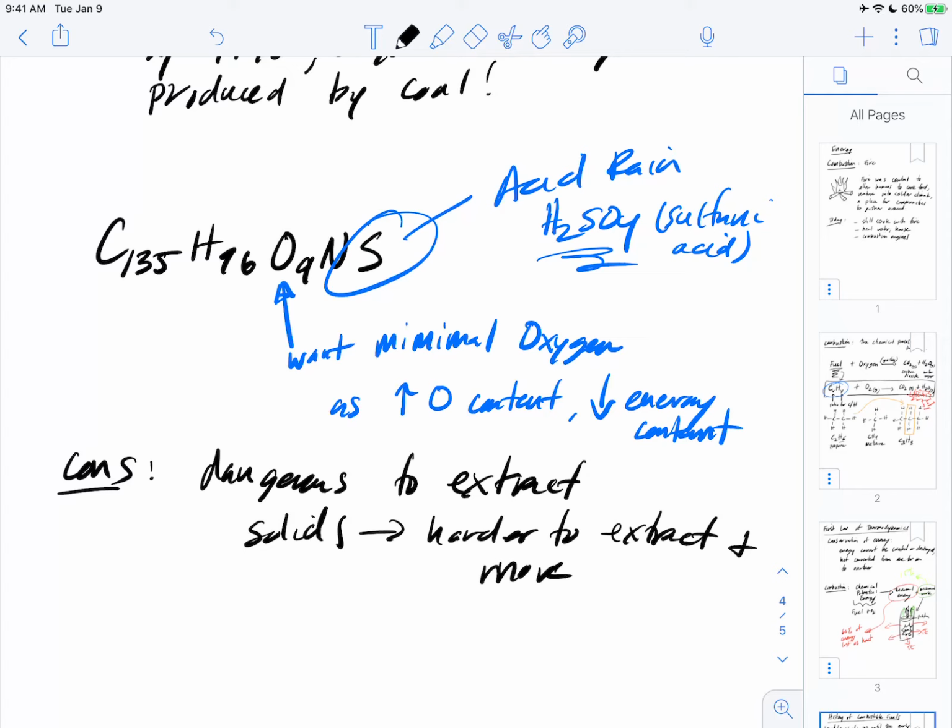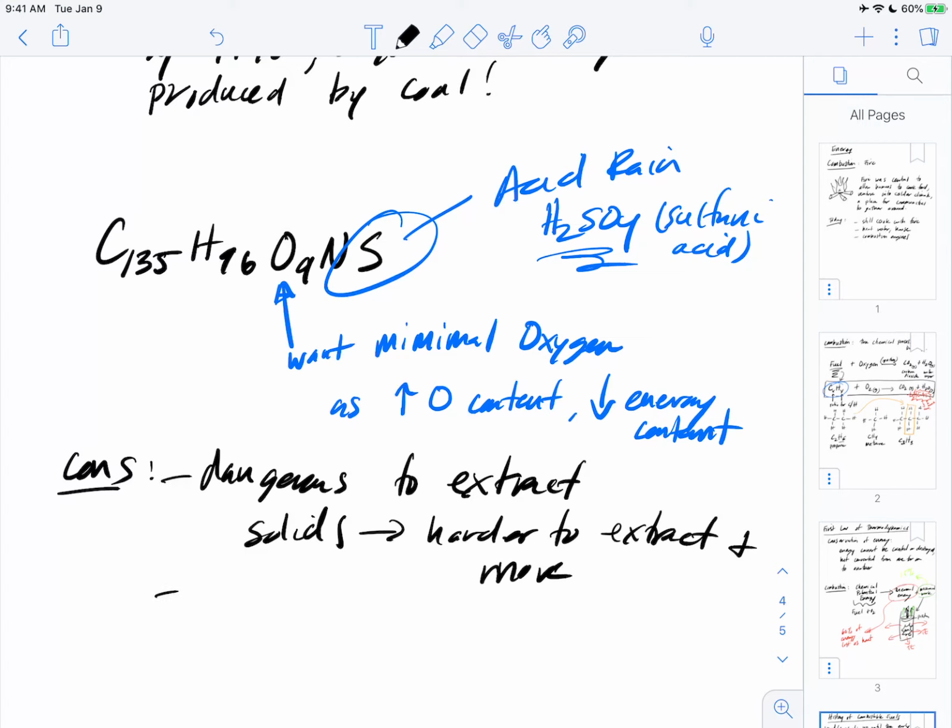That's kind of like free energy, free work, not that that's actually a thing. So whenever you're extracting a solid, it takes a lot more energy and work. It's also a lot more dangerous because of this extraction and the chance of having coal fires, coal explosions, things like that. So it was dangerous to extract.